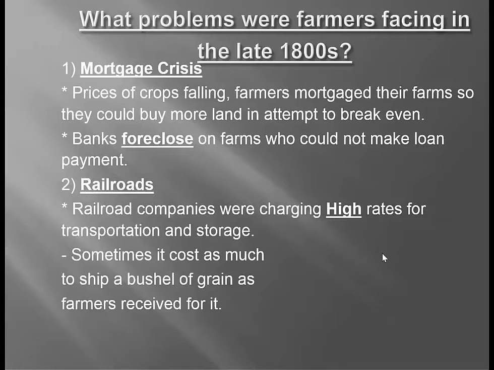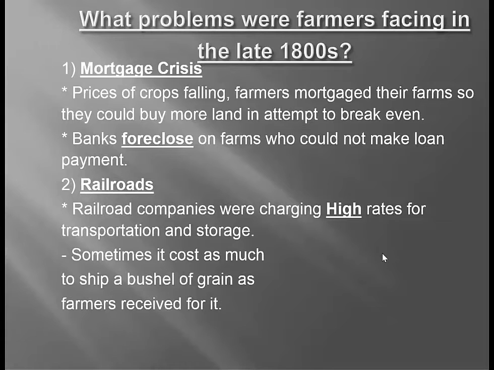As we saw in the last couple of years here, a lot of people couldn't pay for their mortgages, and they lost their houses. Well, the same thing was happening in the late 1800s. With crop prices falling, farmers mortgaged their farms so they could buy more land and attempt to break even.